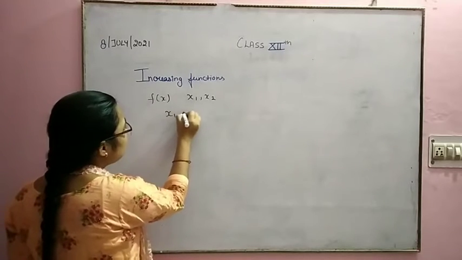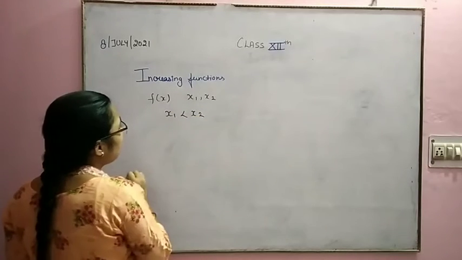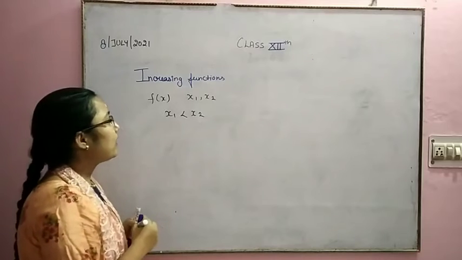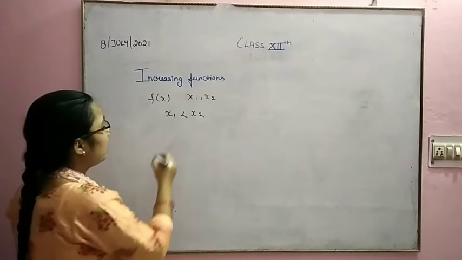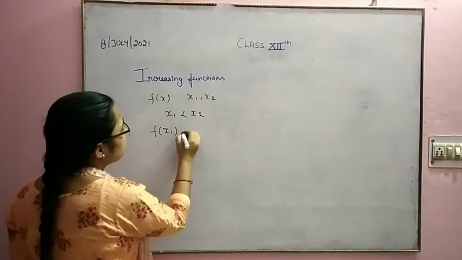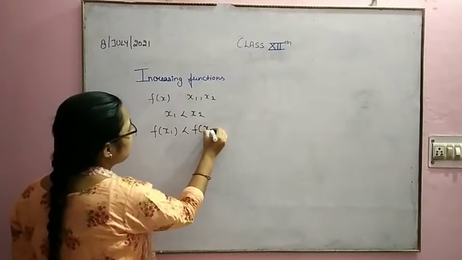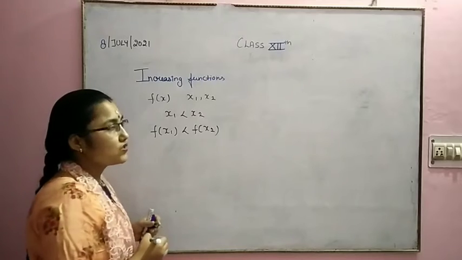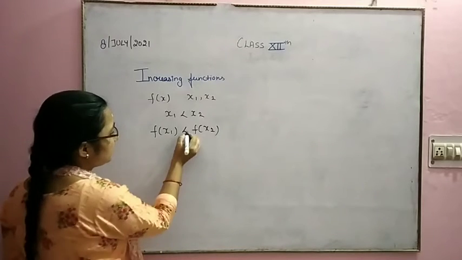Suppose x1 is less than x2, and if we find the values f(x1) and f(x2), we get f(x1) is less than f(x2). That means the function is an increasing function.